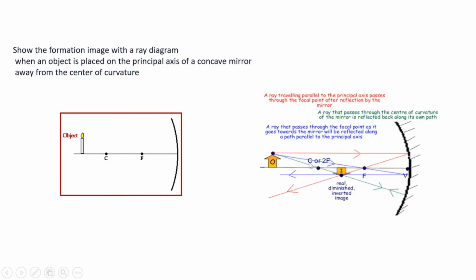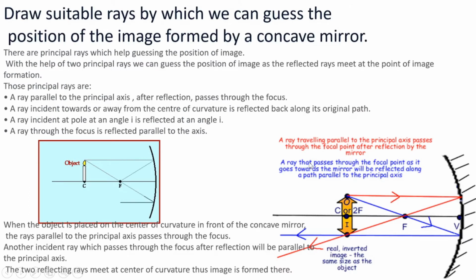Draw suitable rays by which we can guess the position of the image formed by a concave mirror. Now we have to draw a ray diagram by which we can find the position of the image formed by a concave mirror. In all three questions we are using a concave mirror only.